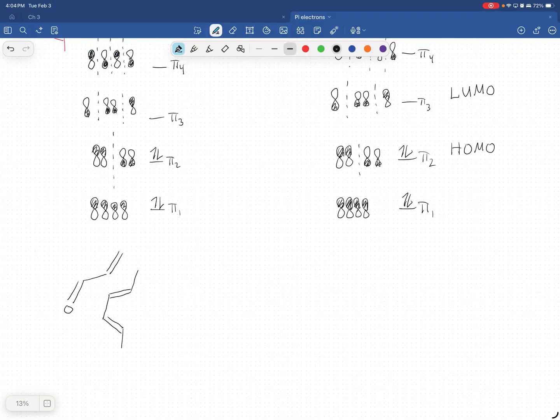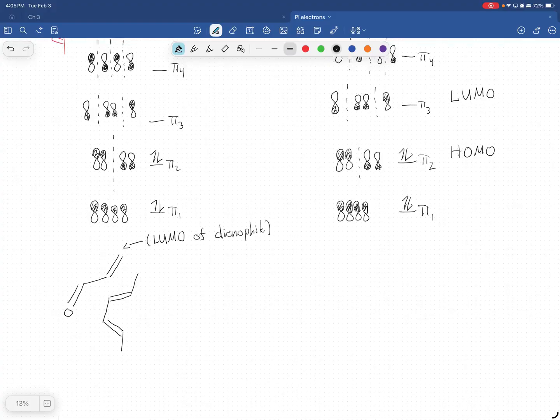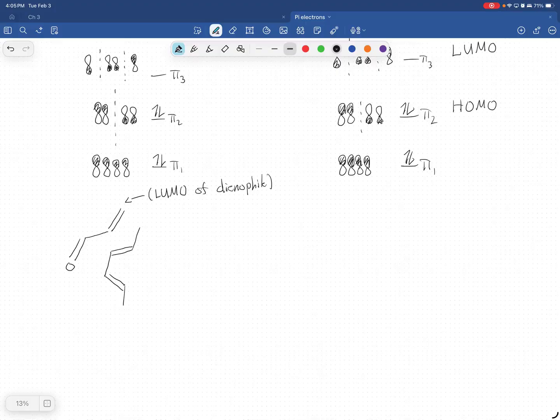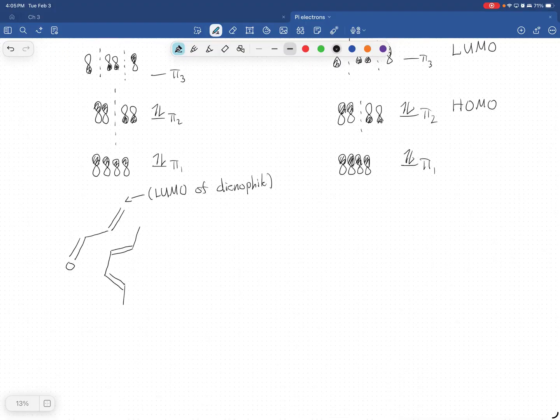Okay, so for the dienophile, this is our dienophile, we're going to use the LUMO of the dienophile. So look at this picture right here. This is the orbital picture we're going to use, okay?